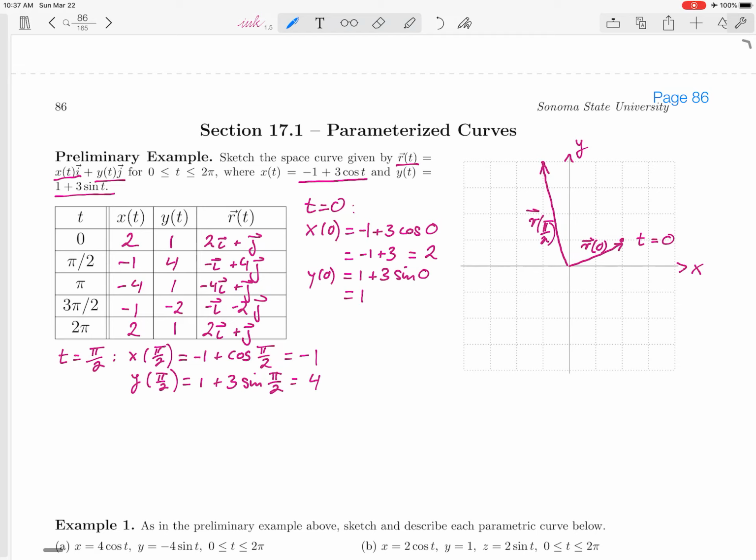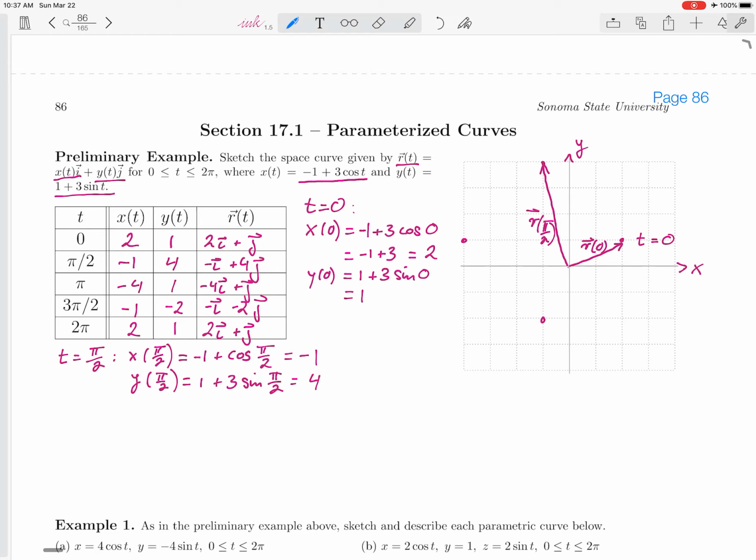And I can also draw those points in our coordinate plane over on the right. So I already have the point 2, 1, the point minus 1, 4, then we have minus 4, 1, that is over here. Then we have minus 1, minus 2, that is down here. And then we have 2 and 1 again, which we already had before.